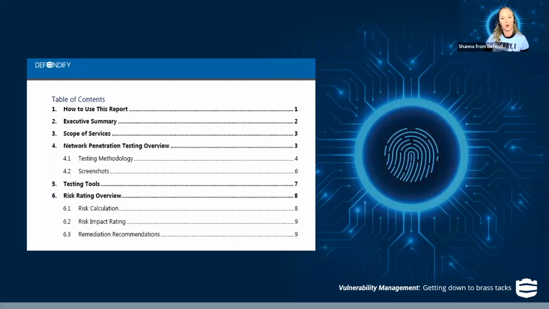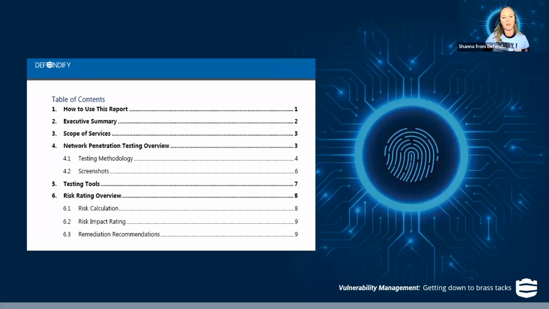Maybe they're on your CEO's personal Facebook page and finding out he's a huge Yankees fan, and trying some password combinations of the Yankees and his birthday or kids' names or things like that. Those are tactics that the actual attackers are using. So we want the penetration test to emulate a real attack as much as possible.